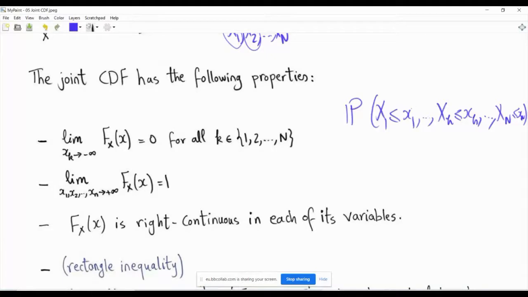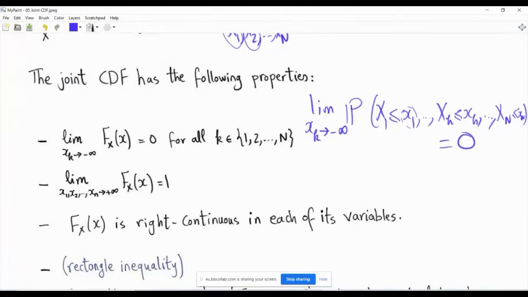Now, what if you take the limit as one of those guys goes to infinity? Is it true for us that one of those guys, its value, x_k less than or equal to minus infinity, has probability 0? Because they are random variables with finite mean values.